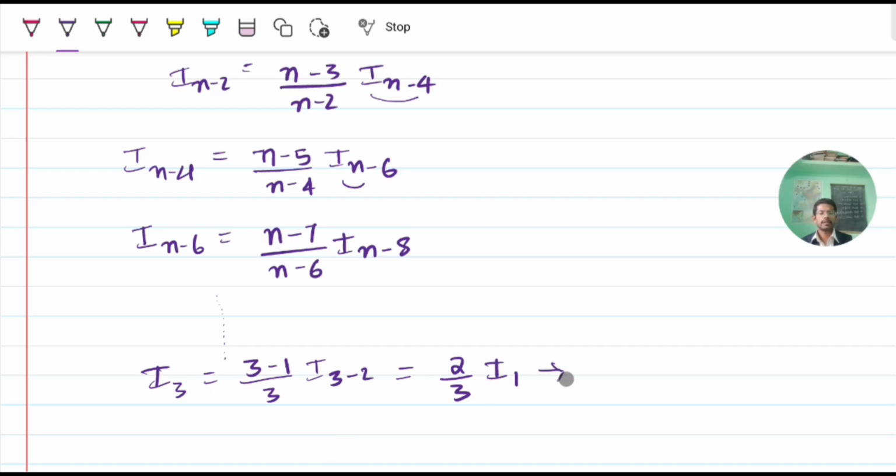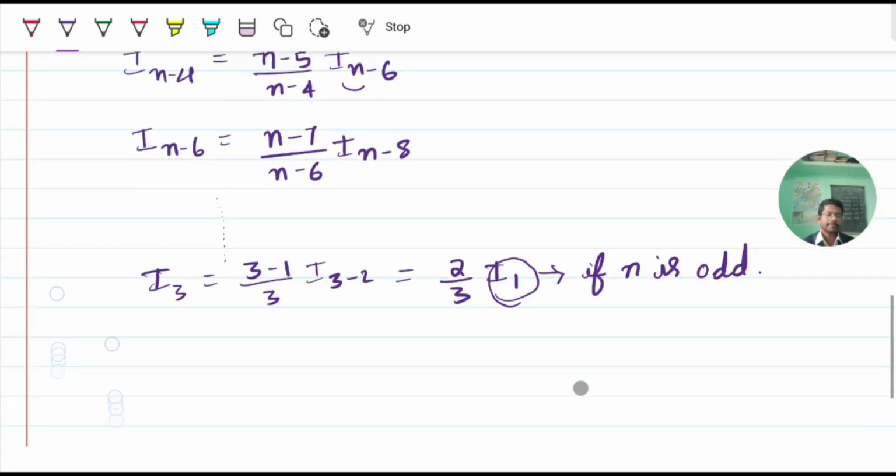This is the last integral. I1 is the last integral if n is odd, right? If n is odd.